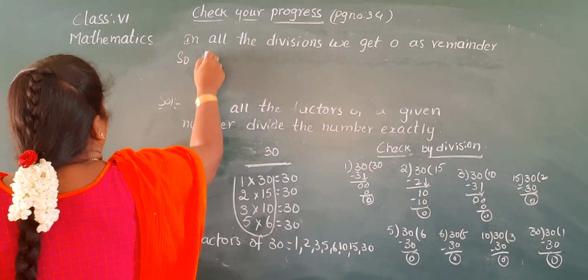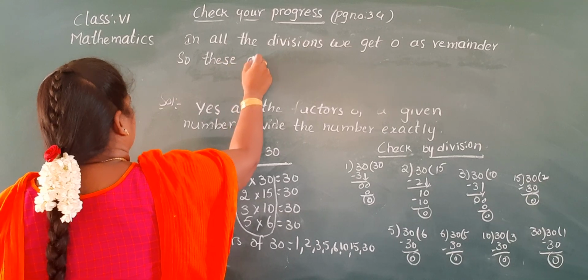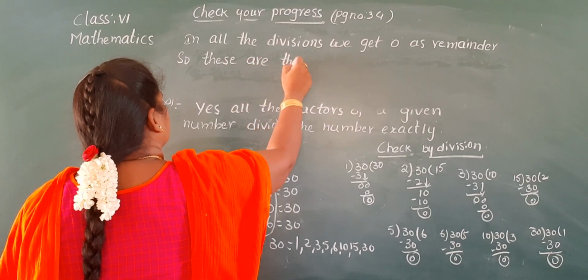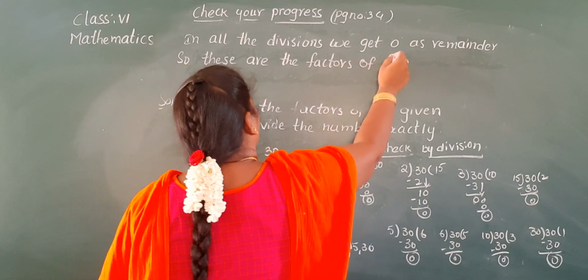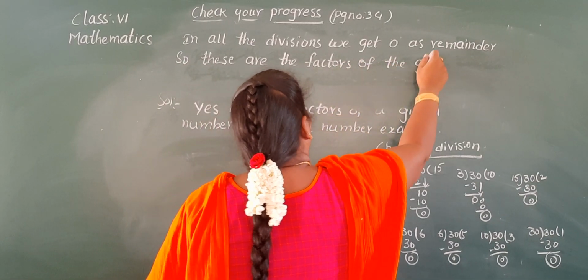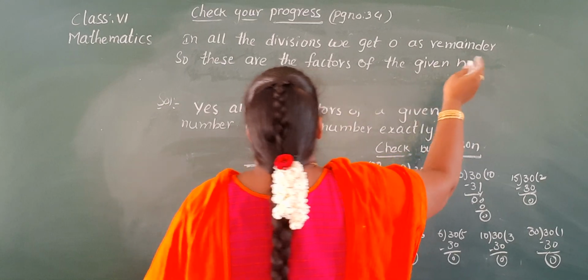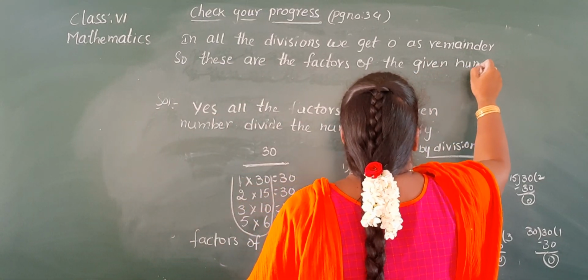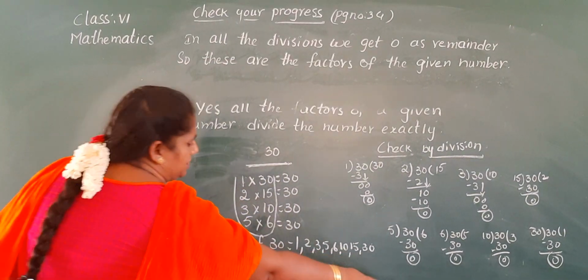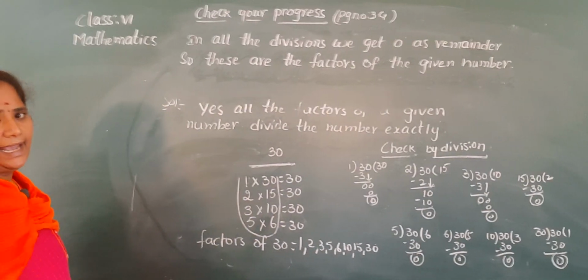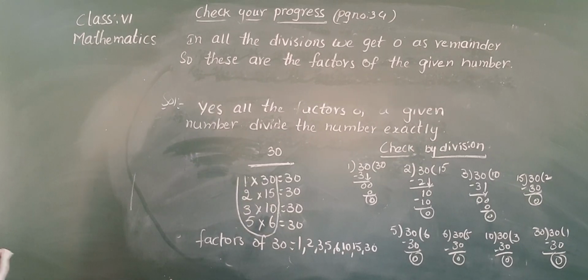So these are the factors of the given number. So write up to here, Nana. So this conclusion, Nana, I write here. Okay. Let's write down.